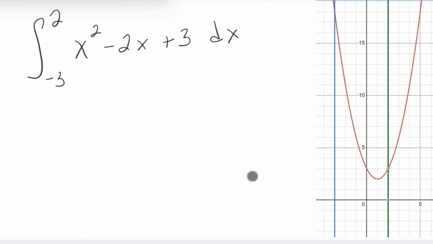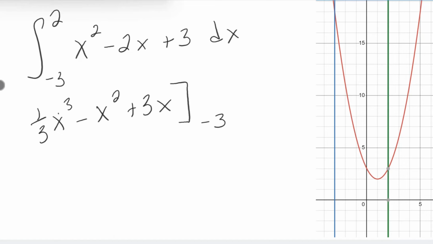You should have gotten 1/3 x to the third minus x squared plus 3x, evaluating from -3 to 2.